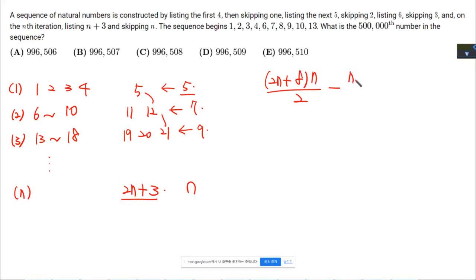The sum 1 through n is this. And then this number should be less than or equal to this 500,000.